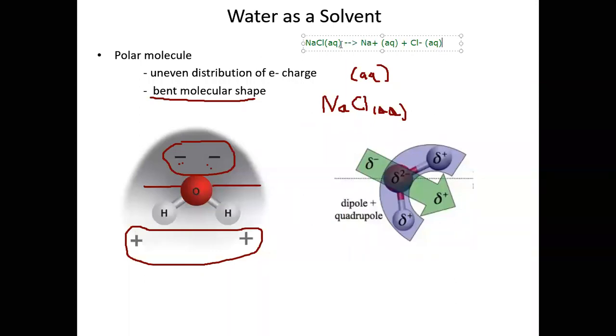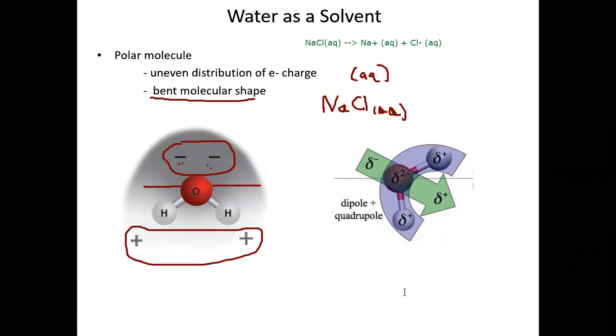So NaCl aqueous can be rewritten as Na plus aqueous plus Cl minus aqueous. And so again, aqueous infers that it's in solution and water was the solvent. And this uneven distribution of electron charge is what makes water an ideal solvent for dissolving ionic compounds. And so throughout this chapter, the solvent we'll be using is water.